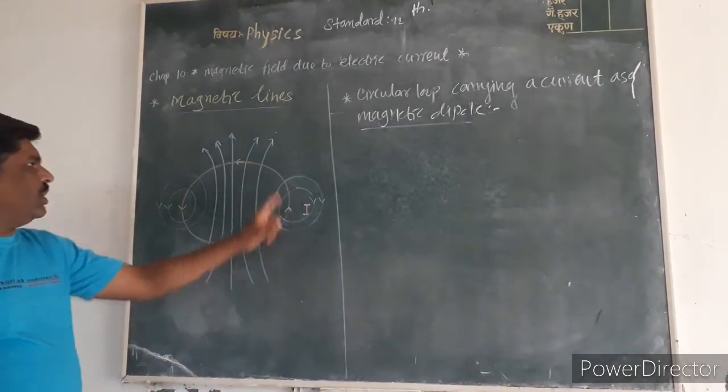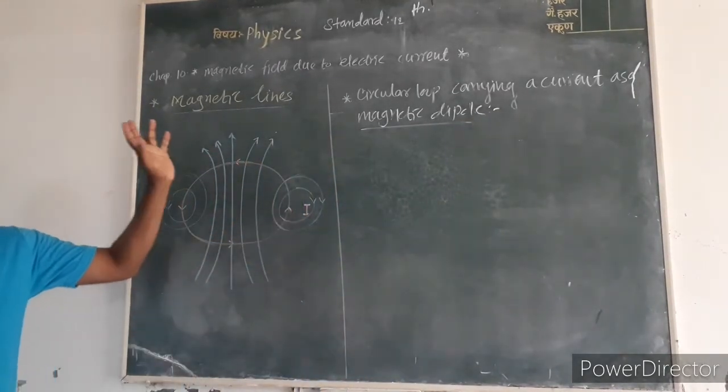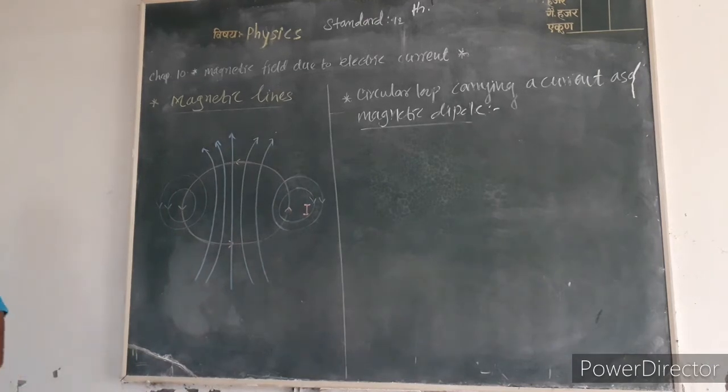This circular coil carrying current I acts as a magnetic dipole.